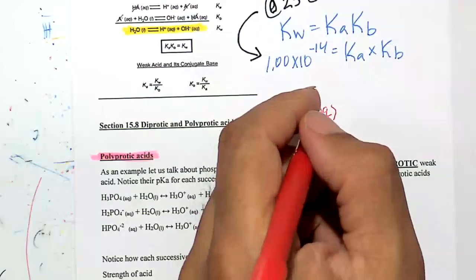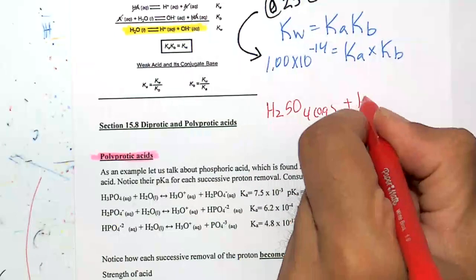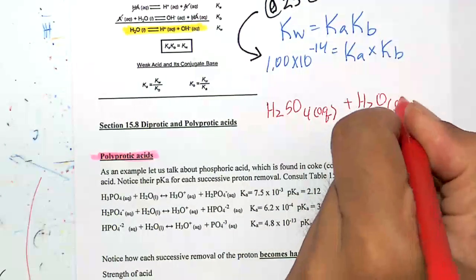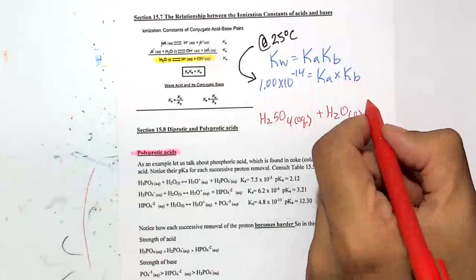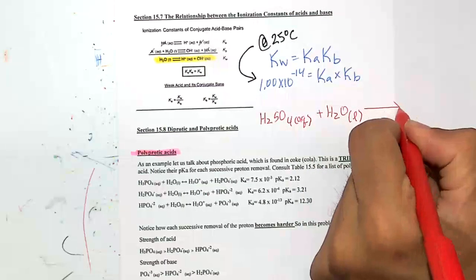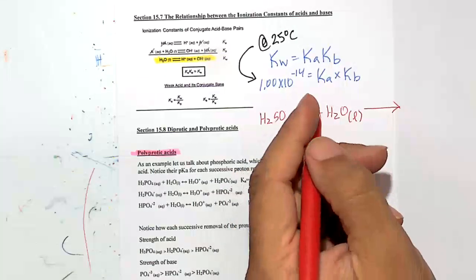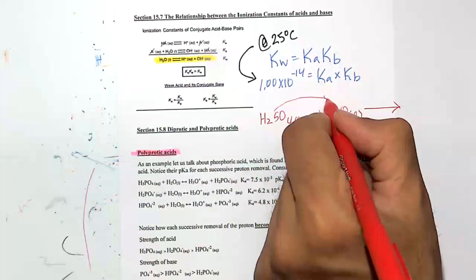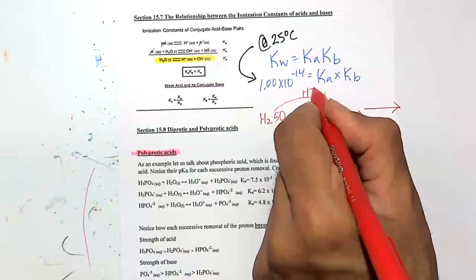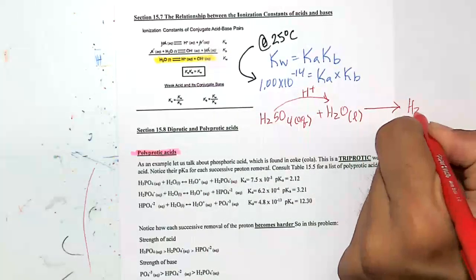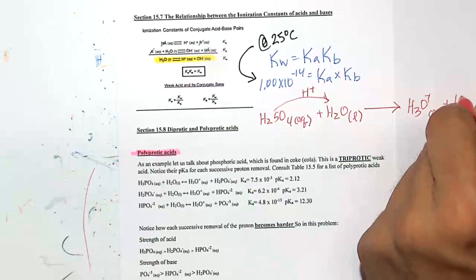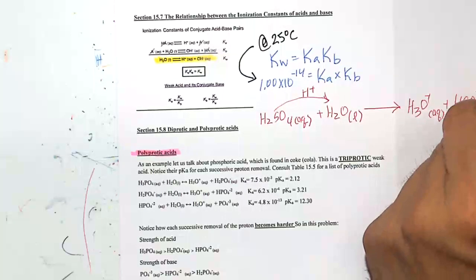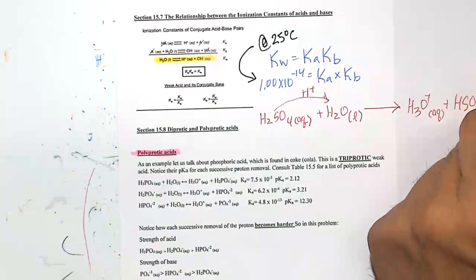This is one of our strong acids. Look at my arrows. Because it's a strong acid, it's going to go to 100% ionization, and you'll get the conjugate base, HSO4 minus.